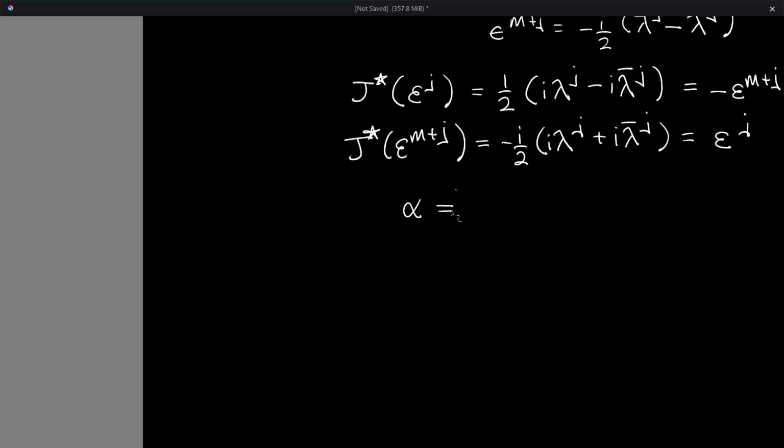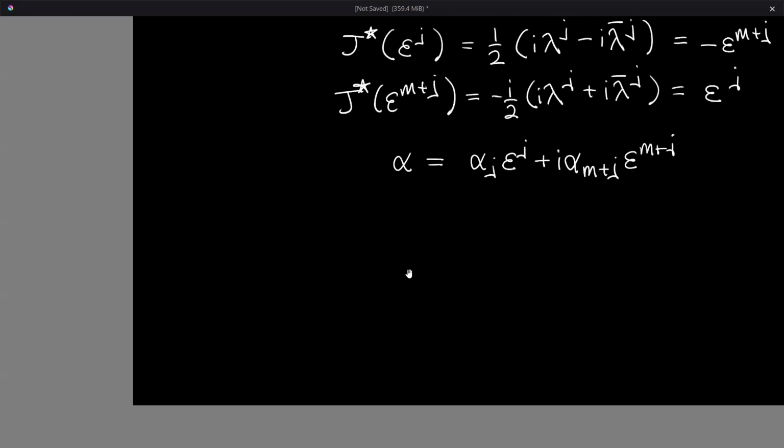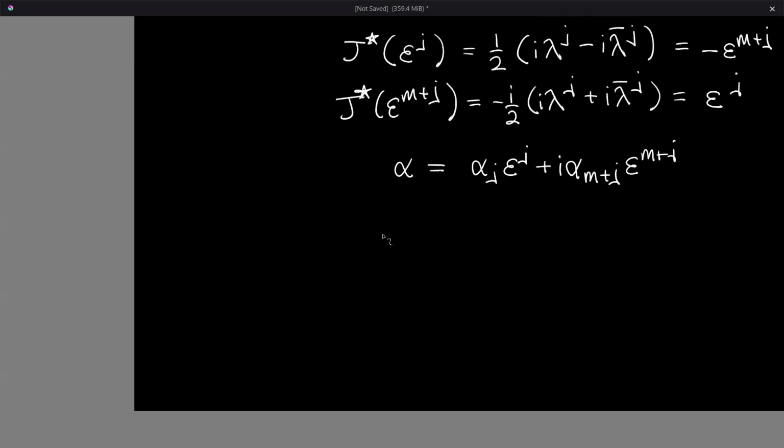Let's say we have a generic covector alpha. We can always decompose that as this, so we're moving to that 2m dimensional real basis: a m plus j epsilon m plus j. We don't know yet, right?